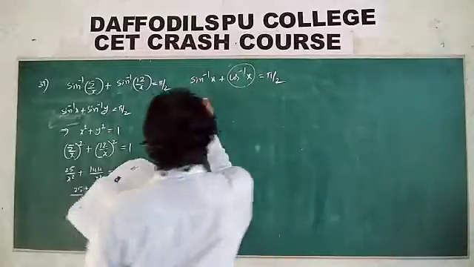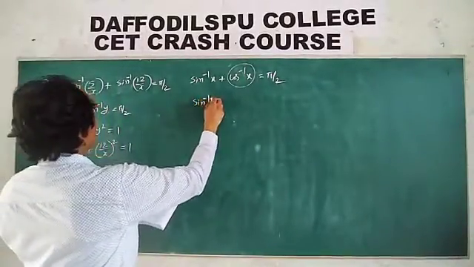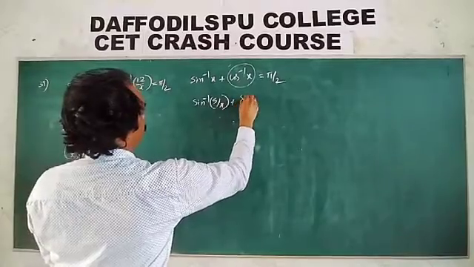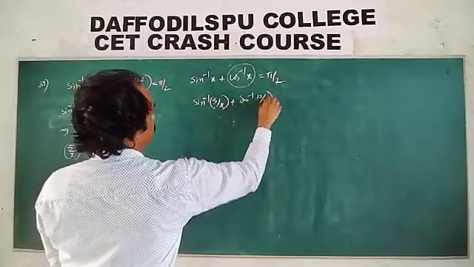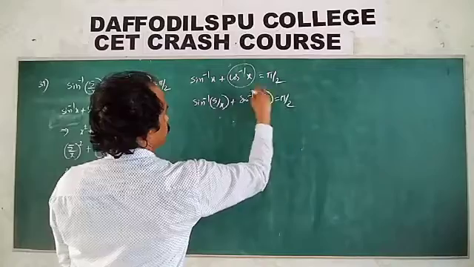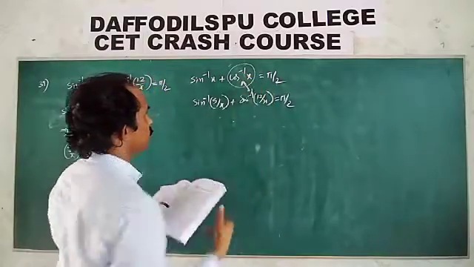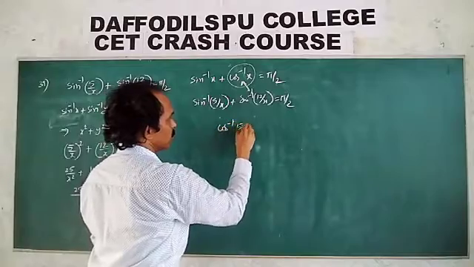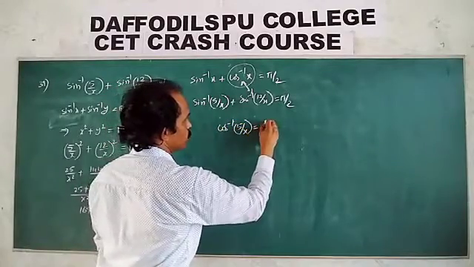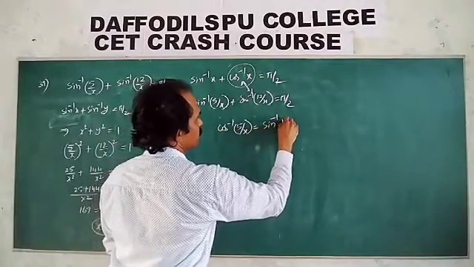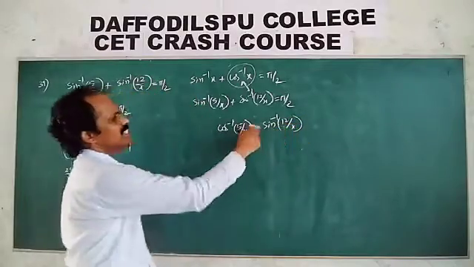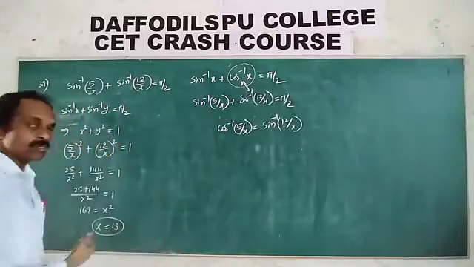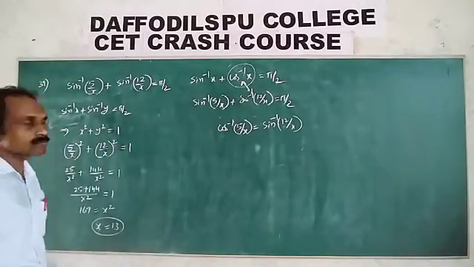Sin inverse 5 by x plus sin inverse 12 by x is equal to pi by 2. In place of cos inverse 5 by x, what is there? Sin inverse 12 by x. Either this or that, if you change any one, you will get the answer x is equal to 13. Like this, this method can also be applied.